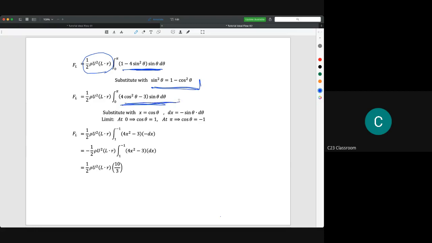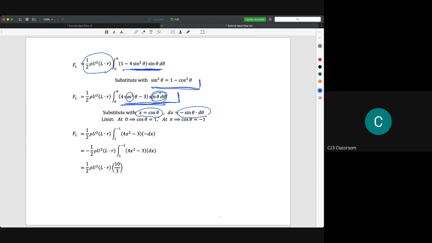The trick is, if we have this kind of term, we could assume x equals cos theta, so dx will equal negative sine theta d theta. So we substitute cos theta and sine theta here with x and dx.